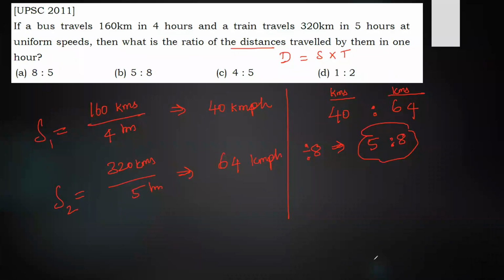For 4 hours, 160 km means for 1 hour it will be 40 km. Similarly, 320 km in 5 hours means 64 km per hour. So taking the ratio, the answer will be 5 is to 8. Very simple, right? Is it clear for everyone? Any doubts? Up to 18th?